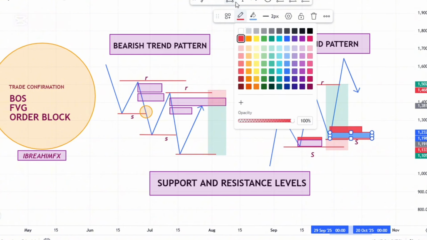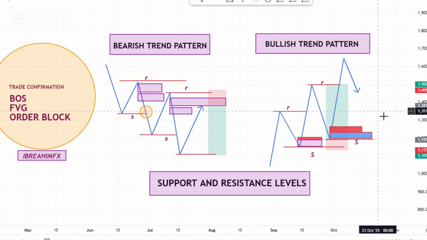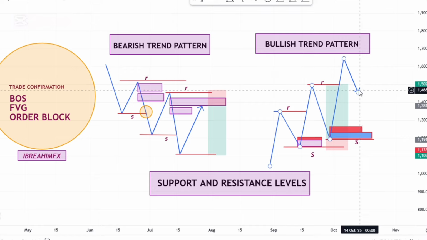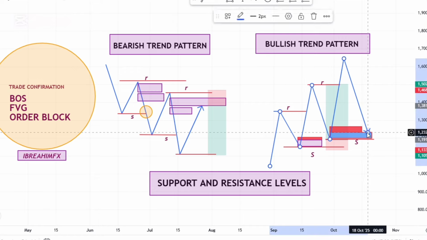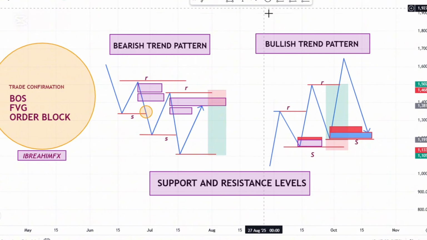So we have to wait for the market to fill the fair value gap, touch our order block, and place our buy market.